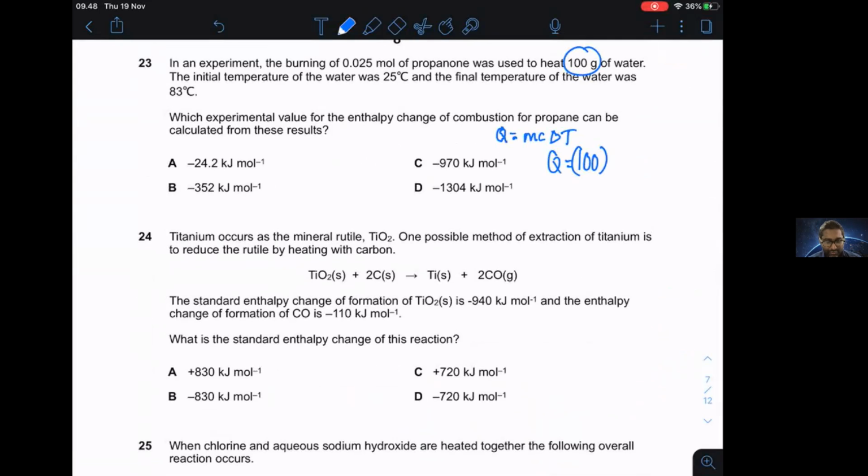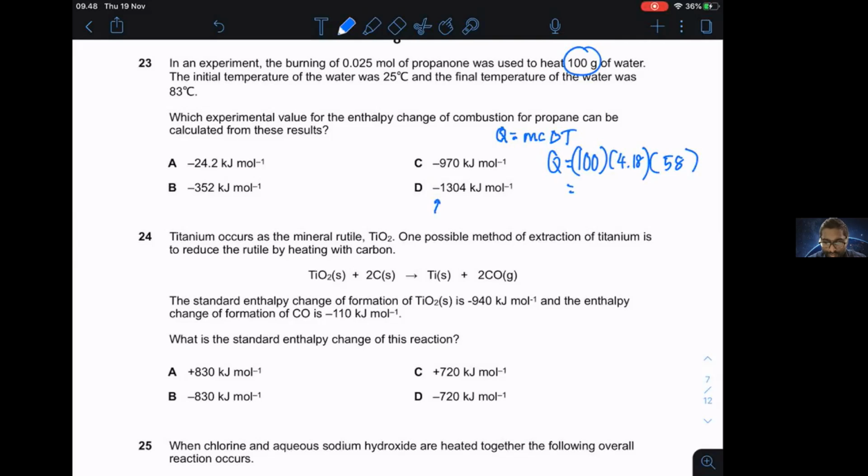No need to convert into Kelvin because we are just finding the difference. 58 is the difference, ΔT. And then for C, we will use 4.18. So you just need to calculate. Do remember it's an increase in temperature, so enthalpy change must be negative. All of them are negative, so no issues.